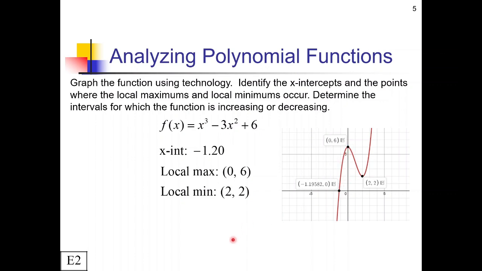So I'm going to say for x less than 0, we're increasing, and also for x greater than 2, from 2 on to infinity. For decreasing, we are going down between 0 and 2. So we're going to say 0 less than x less than 2 for that interval. And that'll be it for this one.